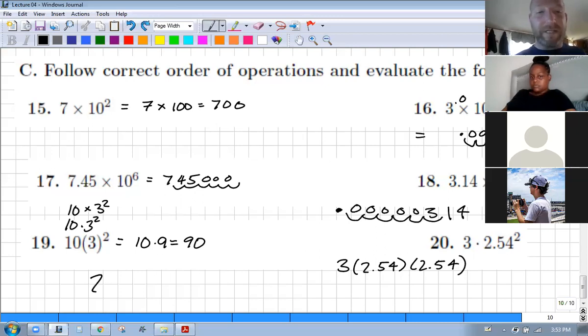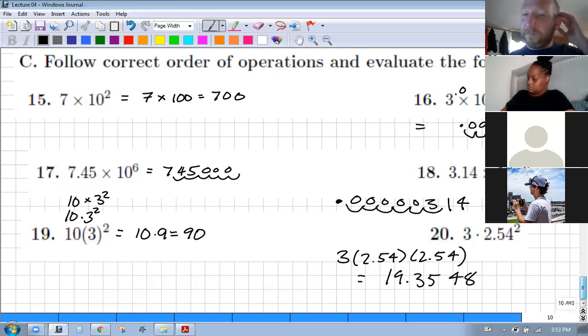Because 2 times 3 is the same thing as 3 times 2. So if we do this, let's see, 2.54 times 2.54 times 3 is 19.3548.